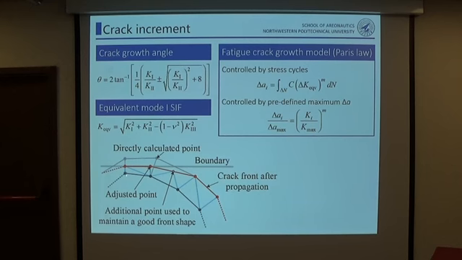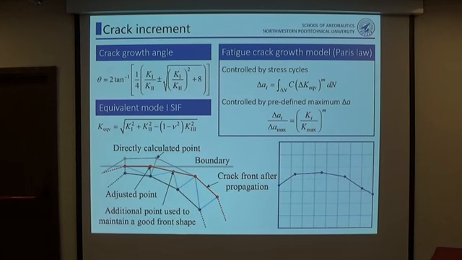And for the source points which would grow outside the model, they will be replaced by their projections on the boundary. And if the front segment would be too long after the propagation, the midpoint of it will be chosen as a new source point in order to maintain a good shape in the next propagation.